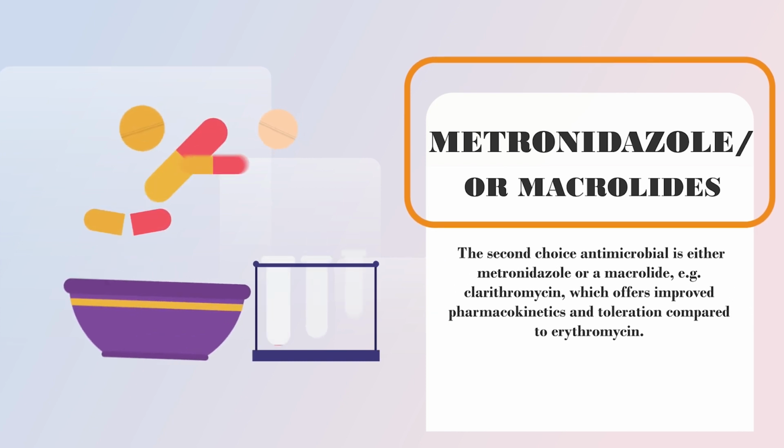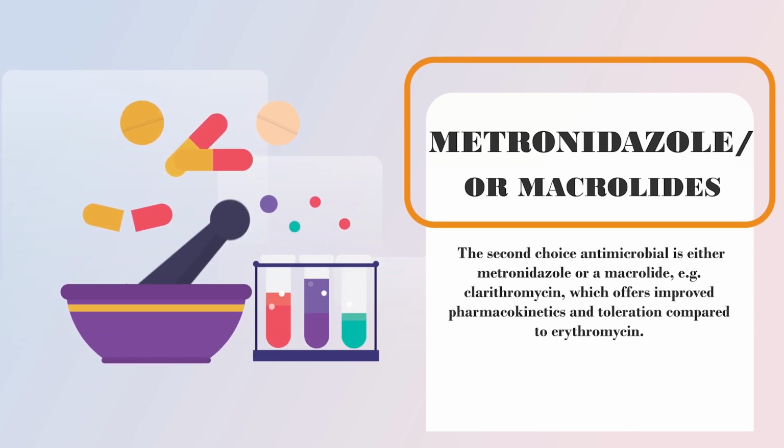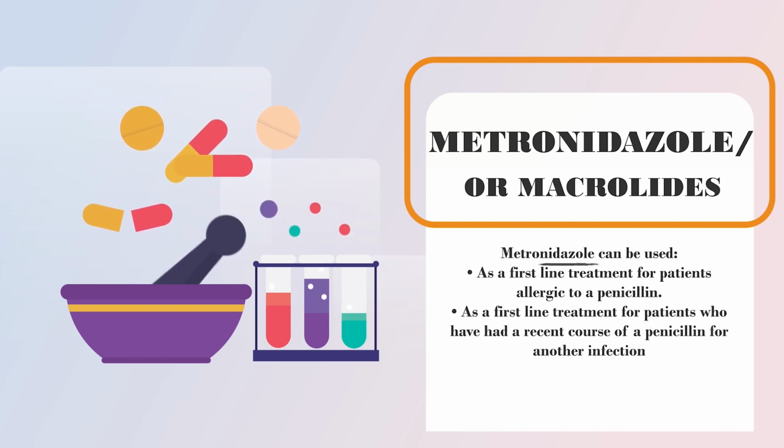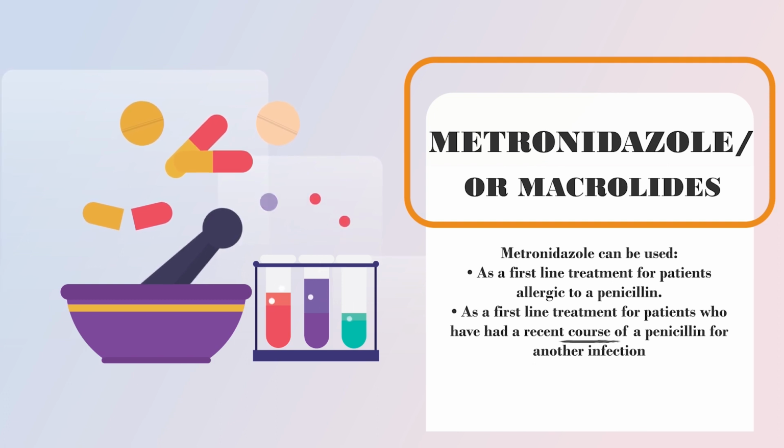The second choice of antimicrobial is either metronidazole or a macrolide, for example clarithromycin, which offers improved pharmacokinetics and toleration compared to erythromycin. Metronidazole can be used as a first-line treatment for patients allergic to penicillin, or for patients who have had a recent course of penicillin for another infection.